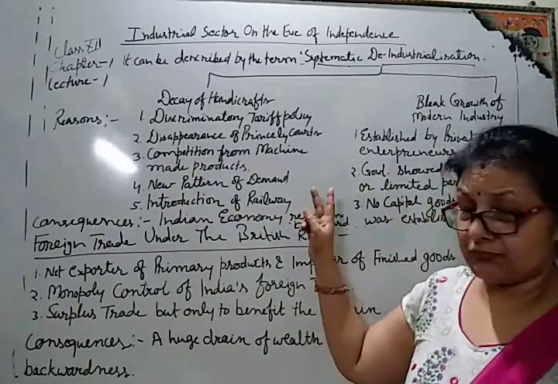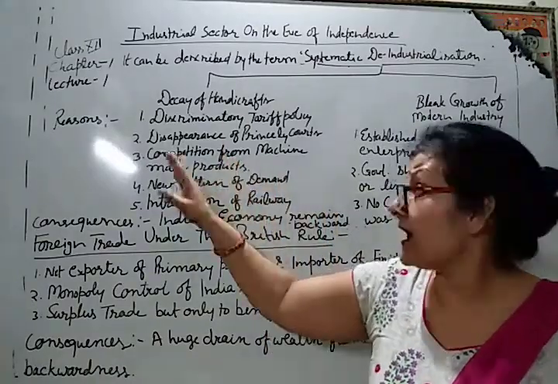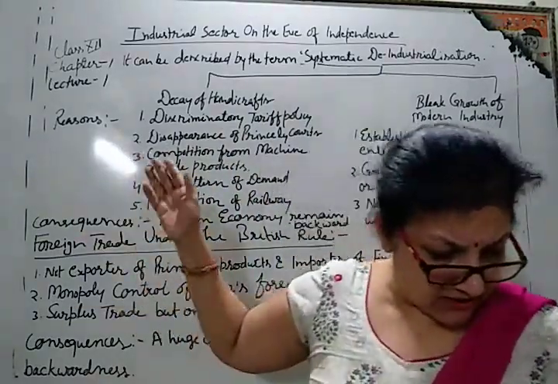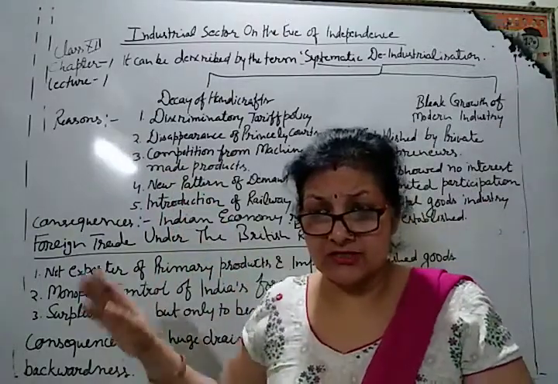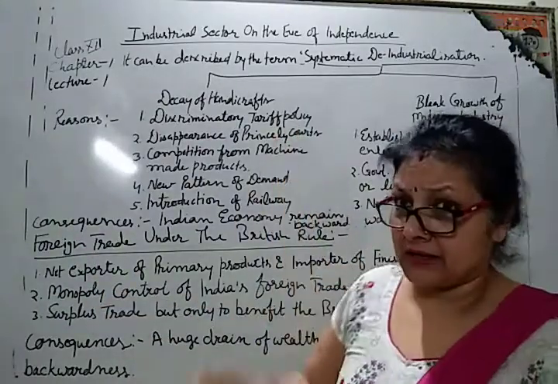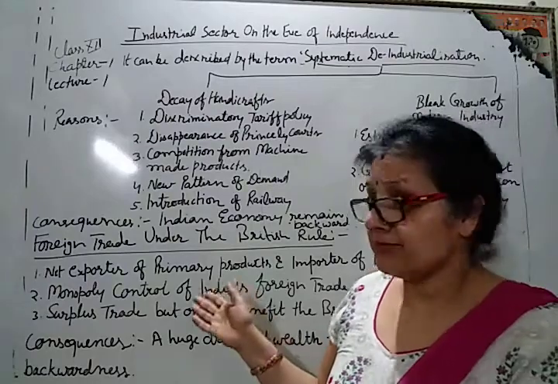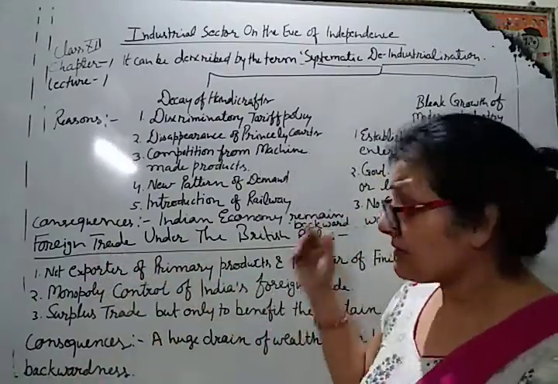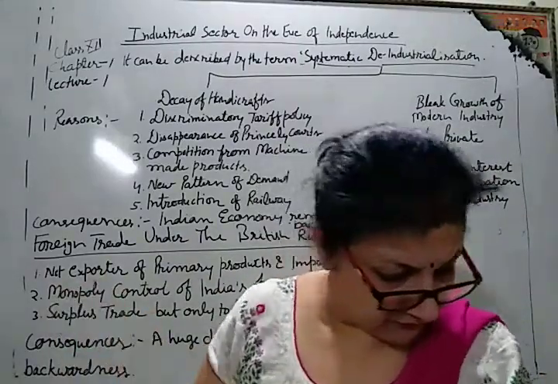This twofold way decayed the handicrafts. Clear? And what was the result? The British products started consuming the Indian markets, while the Indian handicraft products started losing their market and they shut down. Clear?